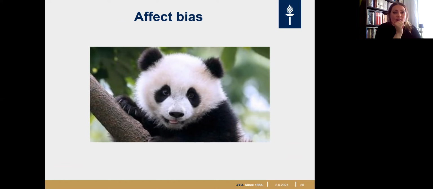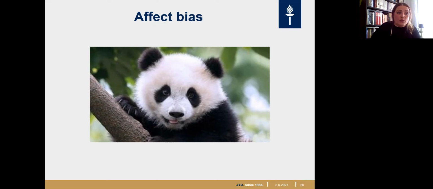And I selected this on the basis of reflecting affect bias, because in one article it was utilized as an example of affect bias, that it has a huge impact on decision making in which way the information is presented to a human.